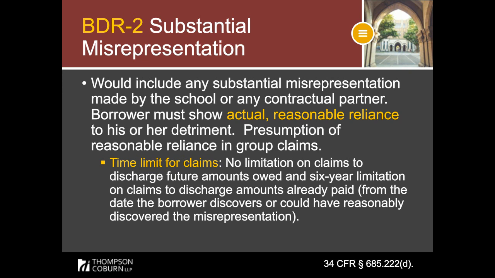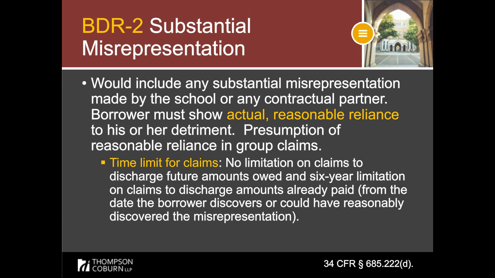There's also a presumption of reasonable reliance in group claims. I'm going to talk about group claims in a minute, but if the department initiates a group claim, which is sort of like a class action, and the basis for the claim is a substantial misrepresentation, in that case there is a presumption that the members of the class reasonably relied on the substantial misrepresentation, and the school would have to rebut that.